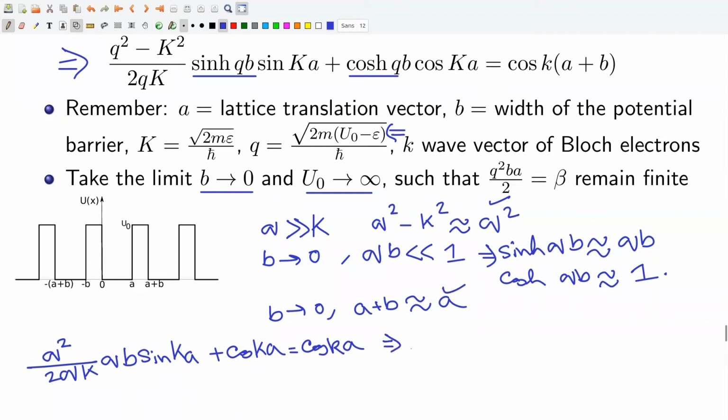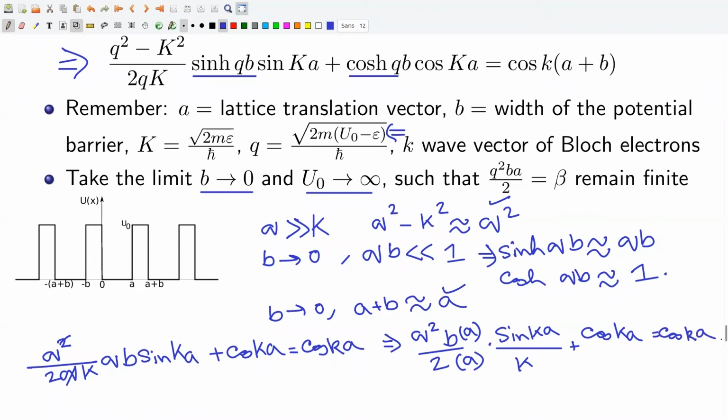And then we just rearrange the terms: q square b divided by 2, because one q gets cancelled, and then we just multiply and divide by a times sine Ka divided by K, and then we have plus cos Ka, this is equal to cos of small k times a.